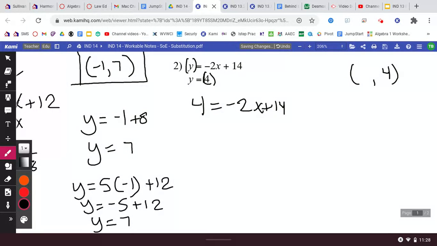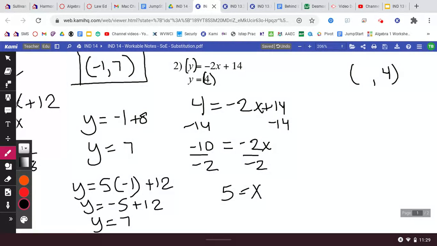And then we've got to subtract 14 and subtract 14. And 4 minus 14, when the signs don't match, you subtract and take the sign of the bigger, so -10. And then you divide by -2 across the board, and you get x equals 5. So there's my x value. And there's my answer to my system.